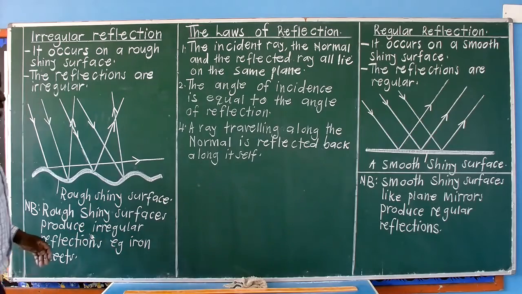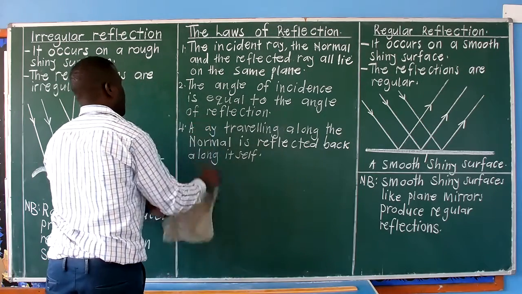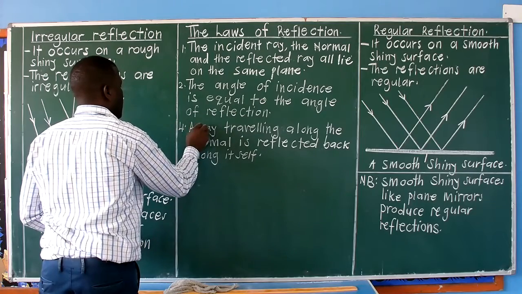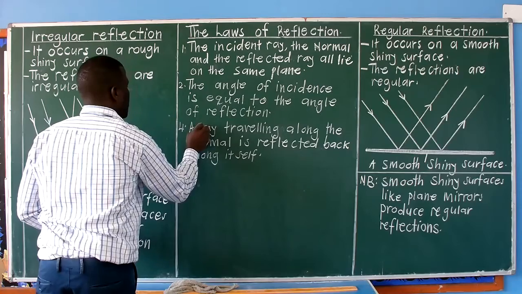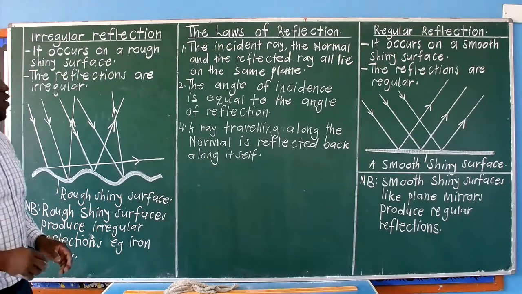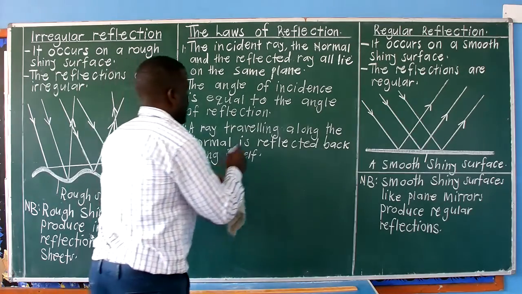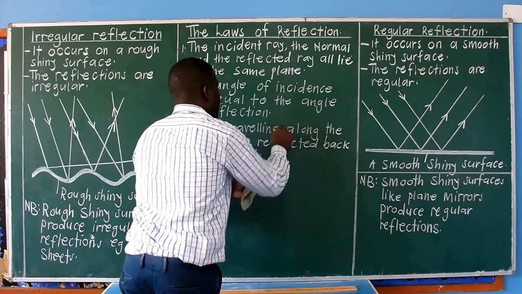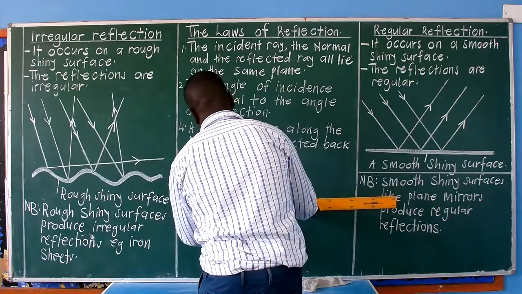A ray traveling along the normal is reflected back along itself. For example, I can have this.